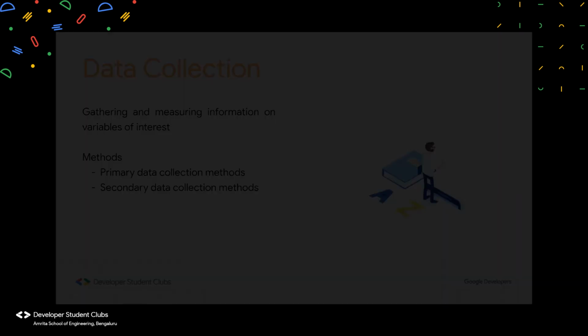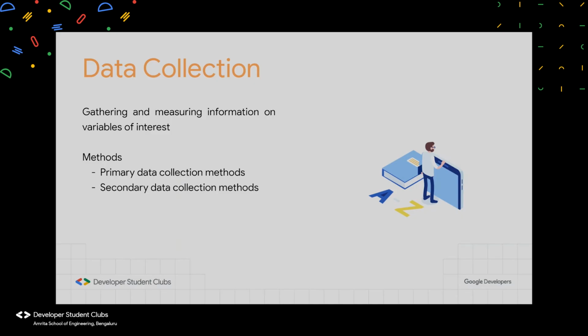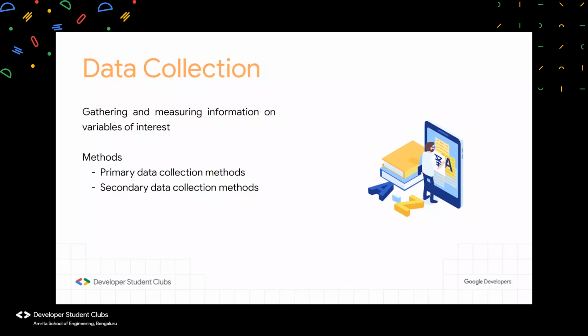First off, we've got data collection. So this is just the process of gathering and measuring information on different variables of interest. It's done in a systematic fashion that enables you to answer stated research questions, test hypotheses, evaluate outcomes and things like that.